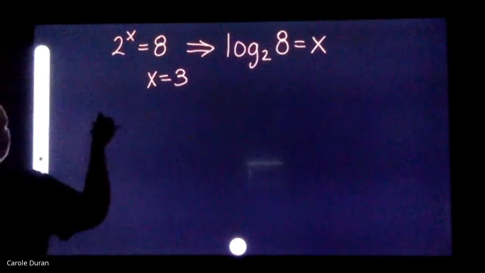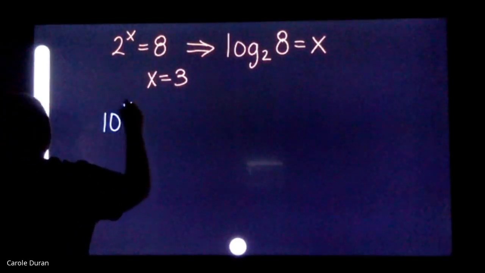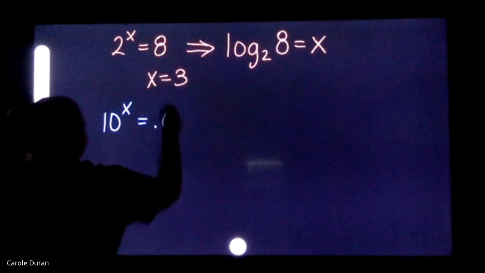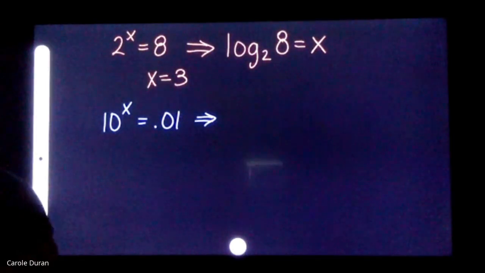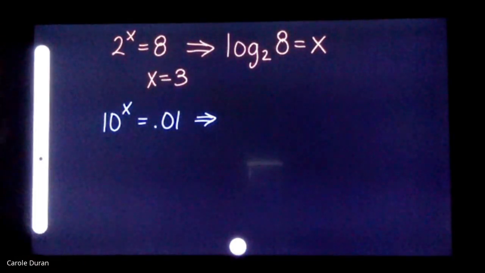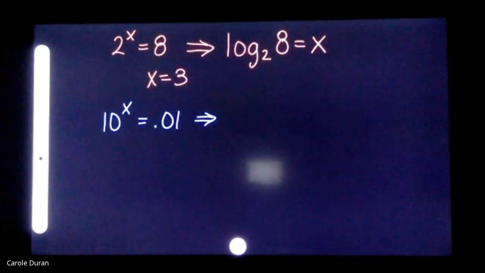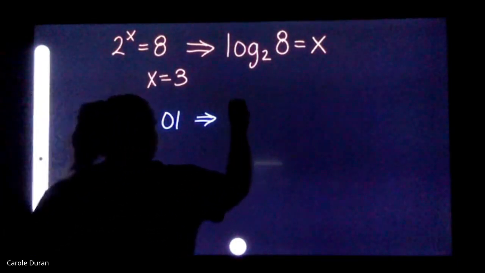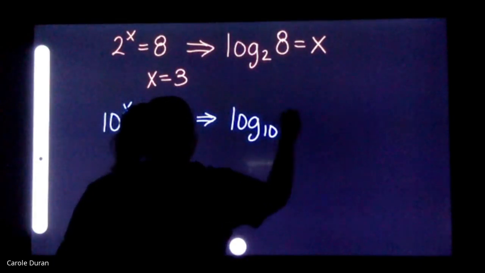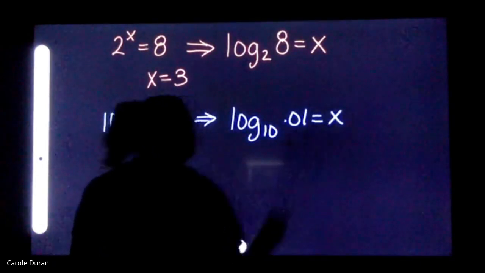And we've got another one. This one is 10 to the x equals 0.01. I would like for you to rewrite this as a logarithm, and then we will go ahead and solve it. If I rewrite it as a logarithm, we get log base 10 of 0.01 equals x.